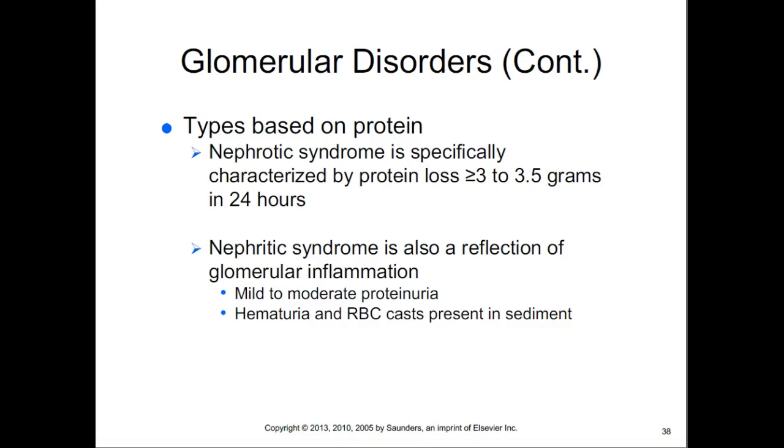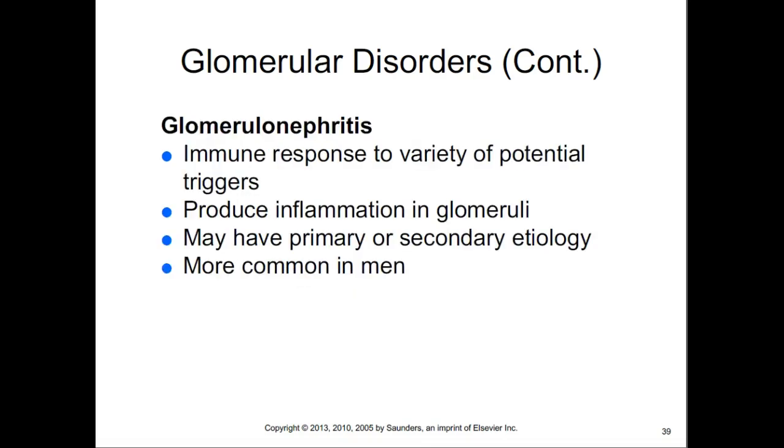So you might see hematuria and red blood cell casts present in the sediment of the urine. Glomerulonephritis is an immune response to a variety of potential triggers that produce inflammation of the glomerulus. You can have primary or secondary etiology, and it is more common in men.